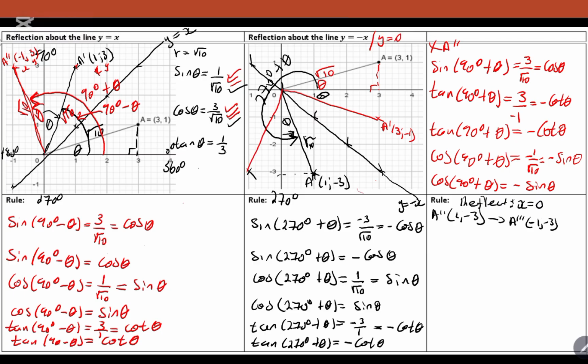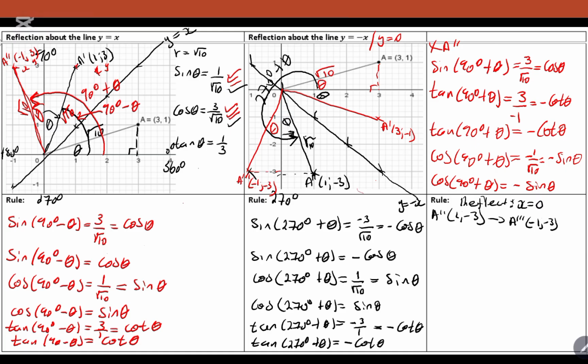So the angle theta will be reflected here. The coordinate of our A3 prime will therefore be equal to negative 1 and negative 3.